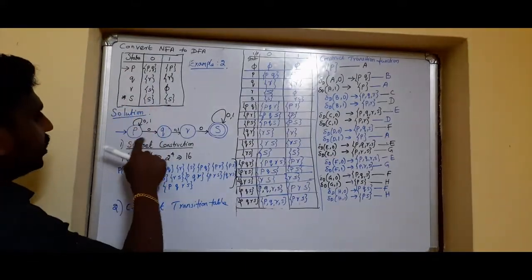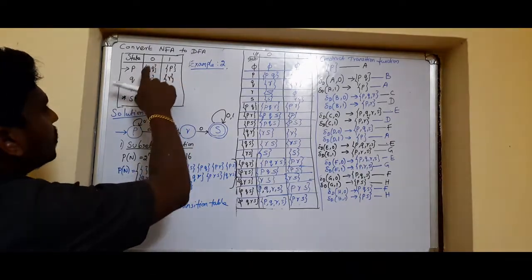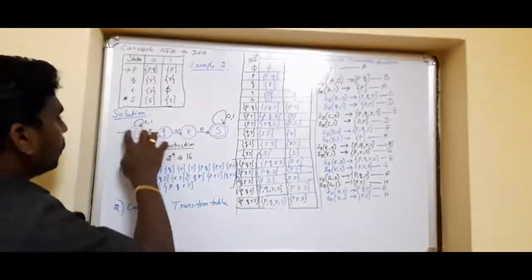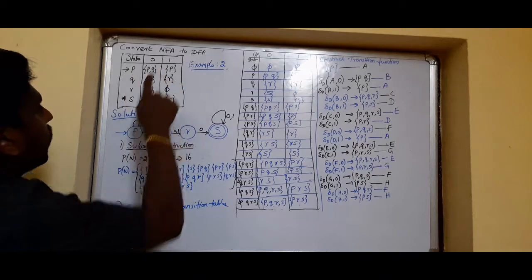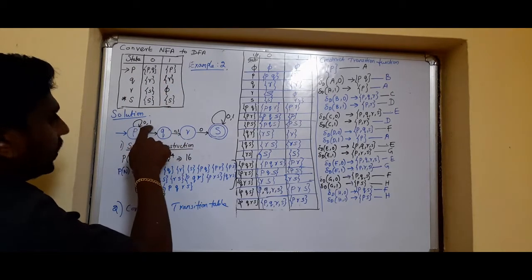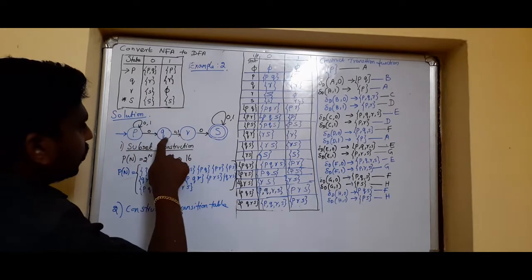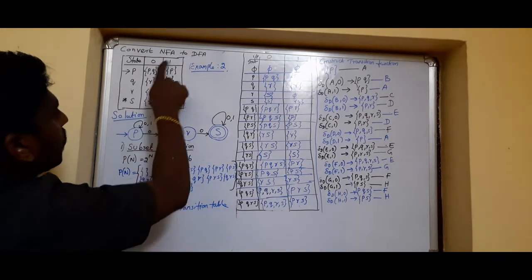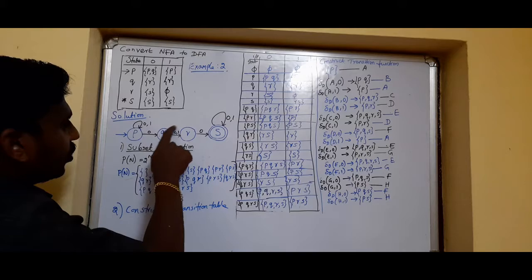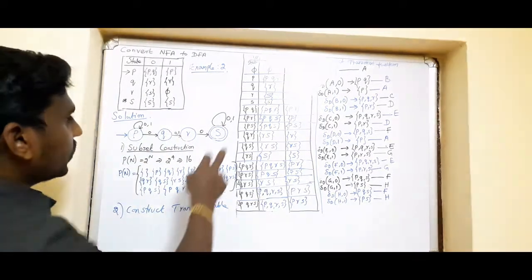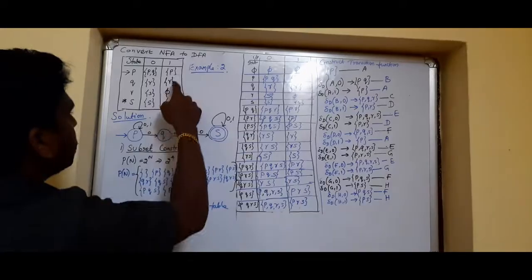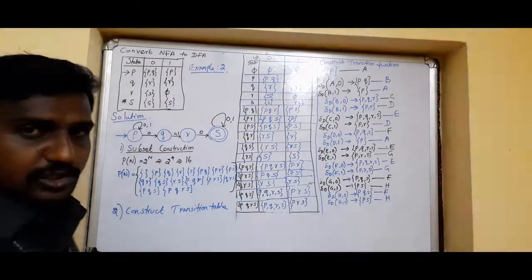P, Q, R, S. So P comma 0 gives P and Q, P comma 1 gives P. Q comma 0 gives R, and Q comma 1 is also R. That's how I draw this transition diagram from the transition table.